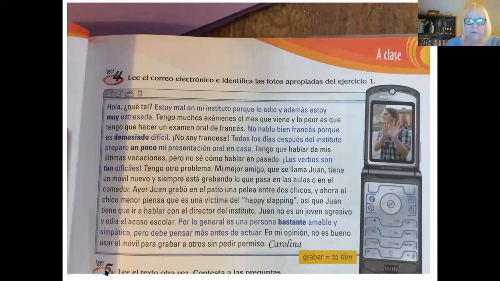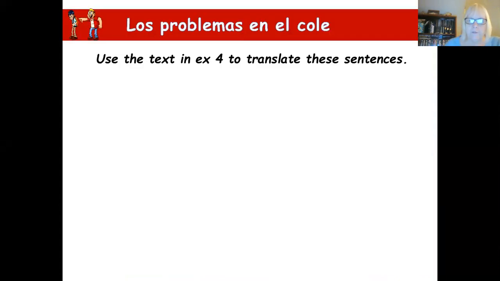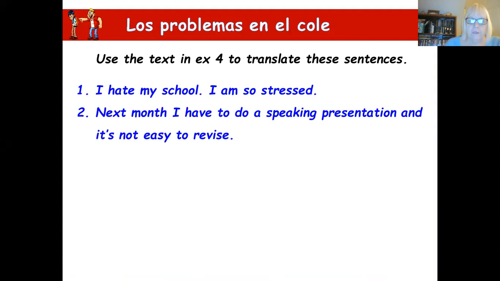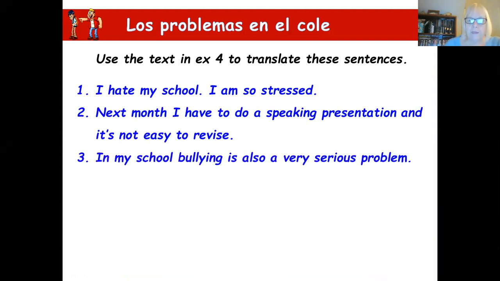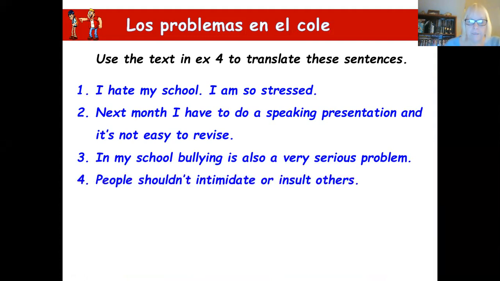That's probably the easiest way to do it. Here's the task. Using this text, the text there in exercise 4, translate these sentences, please, into Spanish. So it's just changing things around a bit and using what Carolina wrote and adapting it for your own purposes.